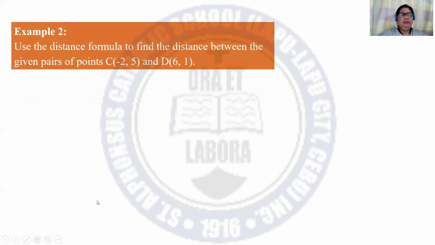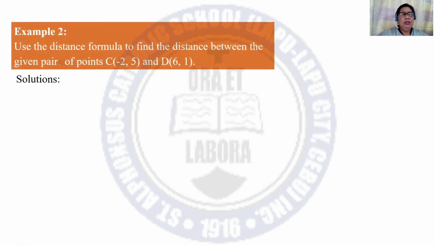Next, example number 2. Use the distance formula to find the distance between the given pair of points C and D, where C has coordinates -2 and 5 and D has coordinates 6 and 1.